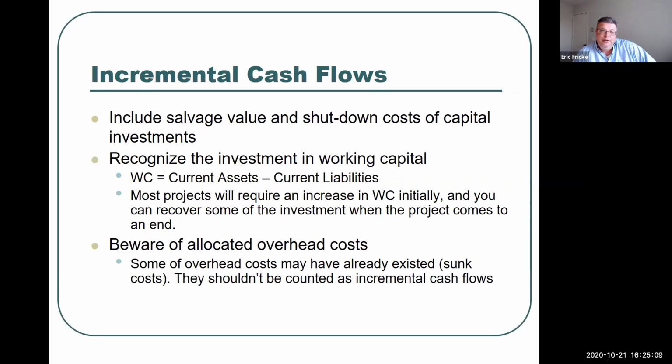Beware of allocated overhead costs. This is more in a larger business where, from a managerial accounting point of view, overheads like corporate headquarters, landscaping at the corporate headquarters, the electricity bill for the entire headquarters, distribution centers, and manufacturing, where it's combined and there's only one bill.